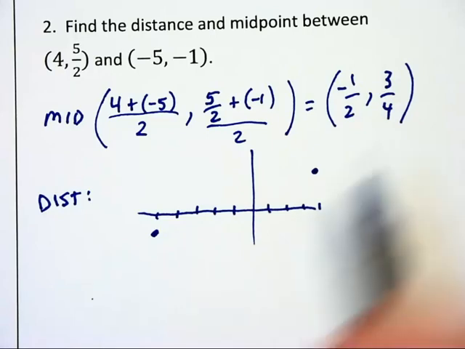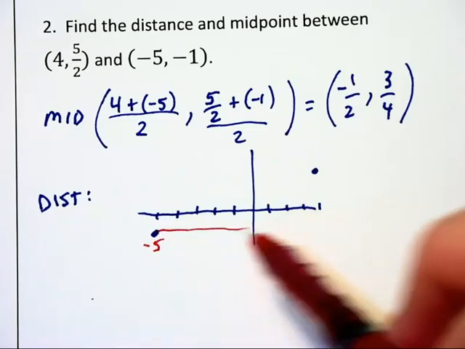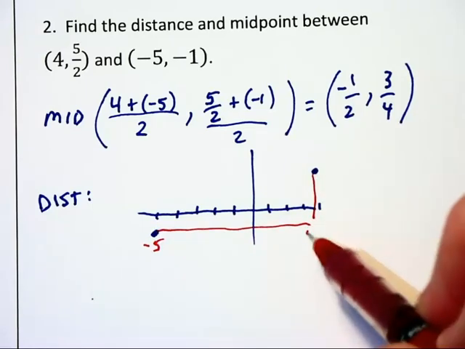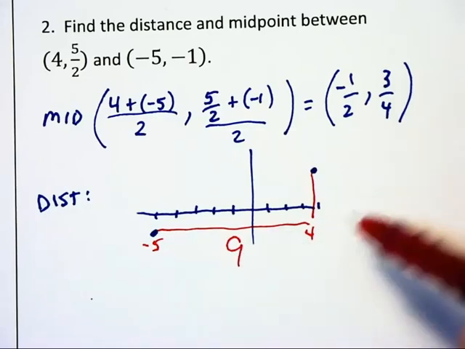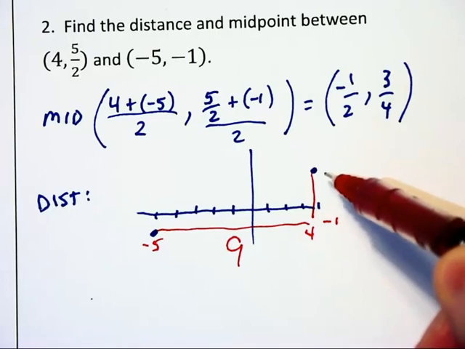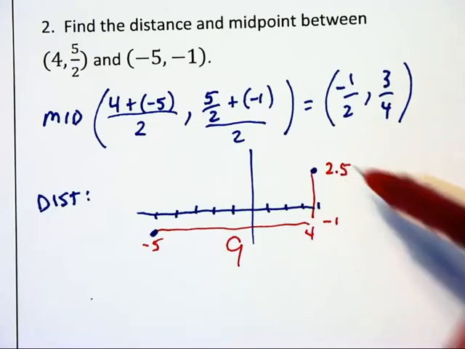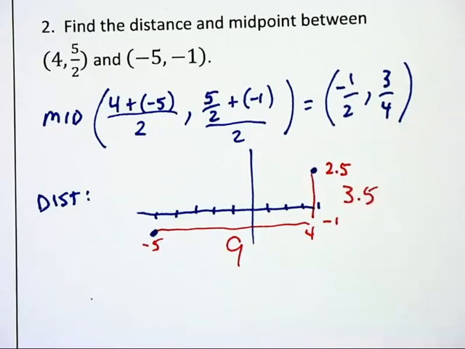So let's take a look at what's happening. Along the x-axis, I'm going from -5 up to 4. That means that this side is going to be 9 units long. On the y-axis, I'm going from a height of -1 up to a height of 5 halves, or 2.5, and so the length of that side will be 3.5.